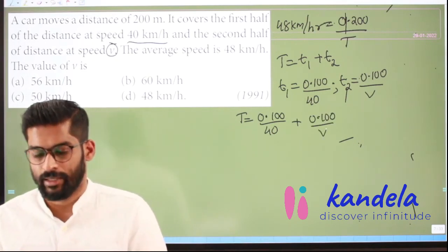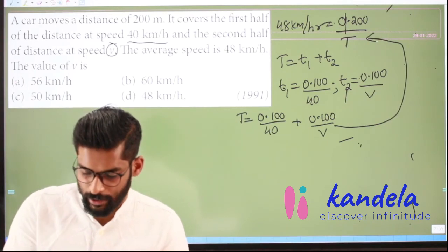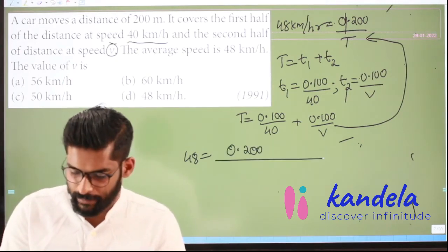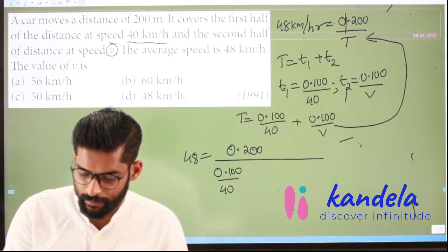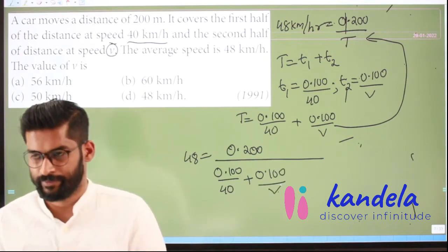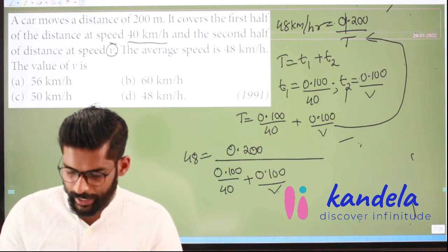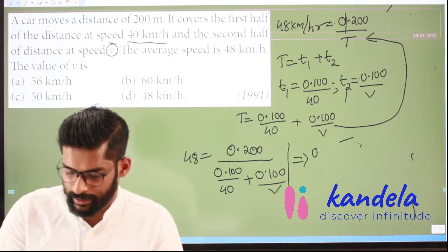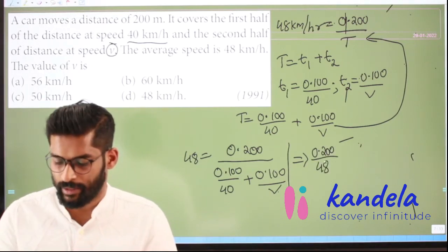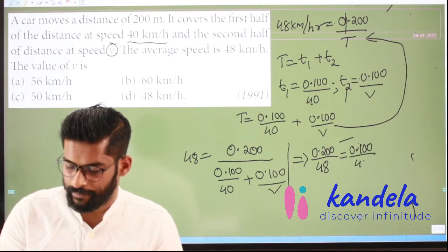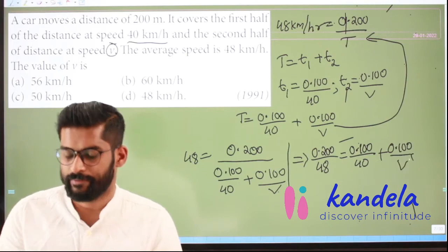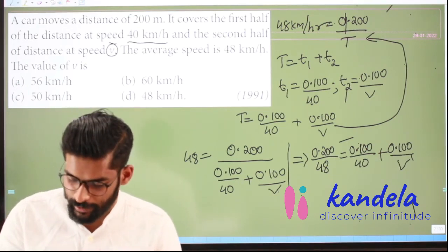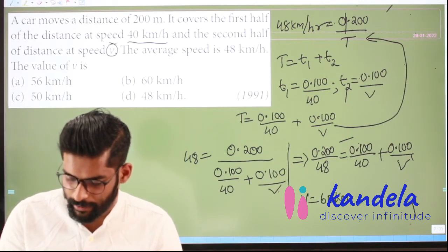So substituting the value of t in our first equation, we get 48 equal to 0.200 divided by 0.100 divided by 40 plus 0.100 divided by V. Simplifying this equation, we will get 0.200 divided by 48 equal to 0.100 divided by 40 plus 0.100 divided by V. Now this is an equation with one unknown, that is V, so we can solve for V. If we solve for V, we will get V equal to 60 km per hour.